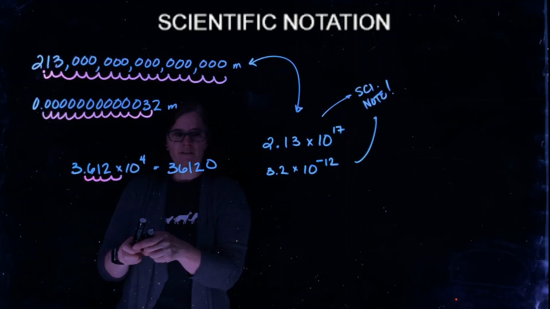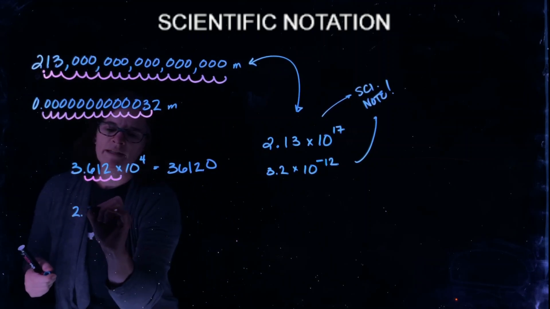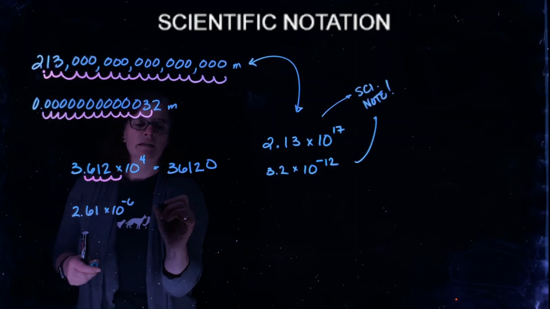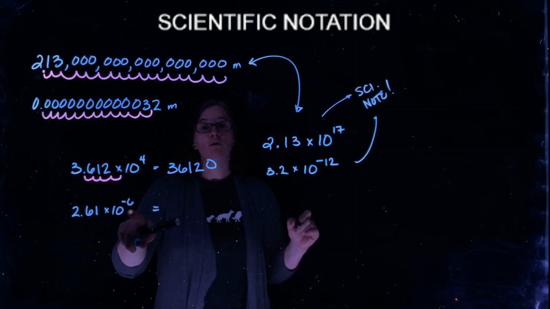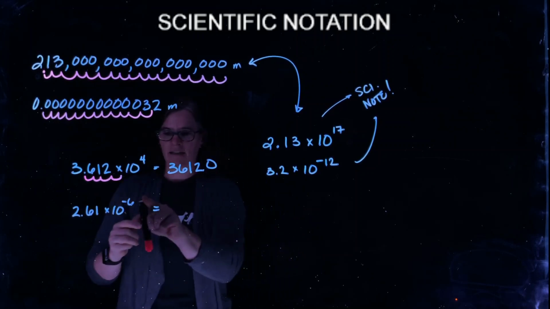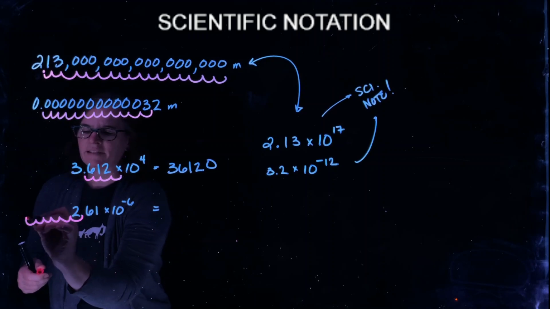Or if I had a number that was 2.61 times 10 to the negative 6th, well, that tells me I'm going to move my decimal places to the left, or divide by 10 6 times. 1, 2, 3, 4, 5, 6.